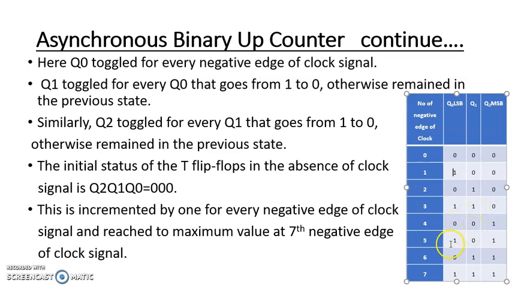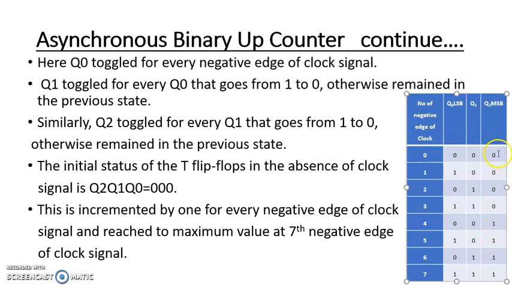Similarly, when the fifth clock pulse comes, it won't change its output. When the sixth clock pulse comes, the transition is from 1 to 0, so it changes. Q1, the second flip-flop output, toggles whenever the first flip-flop output changes from 1 to 0, during the negative edge.